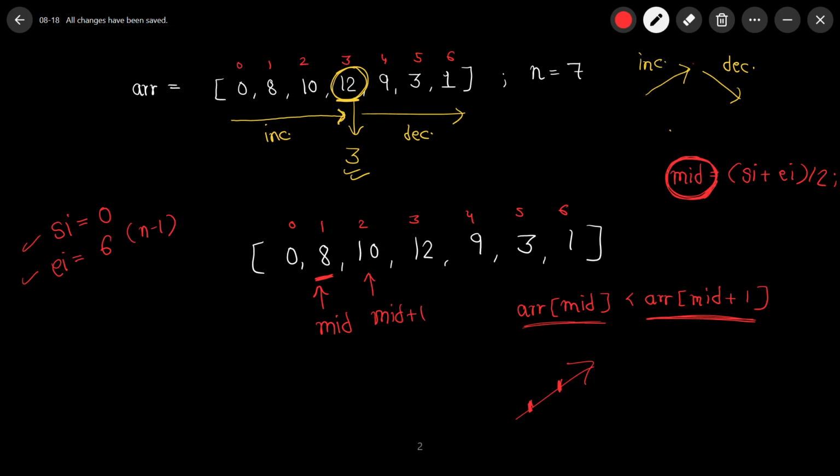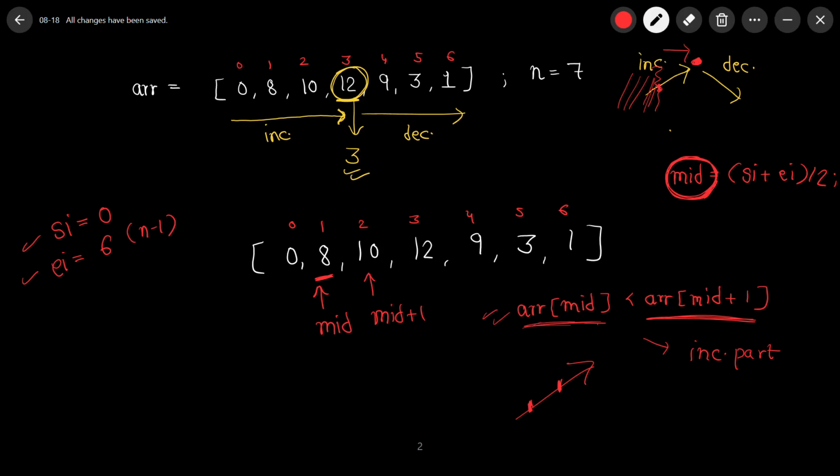So we are sure that in this case we are in the increasing part of our array. As I told you, the peak would be at the boundary of the increasing and decreasing portions. As we are in the increasing part, we are sure that our peak element would be somewhere to the right. So we can simply ignore this left portion entirely. I hope the point is clear.